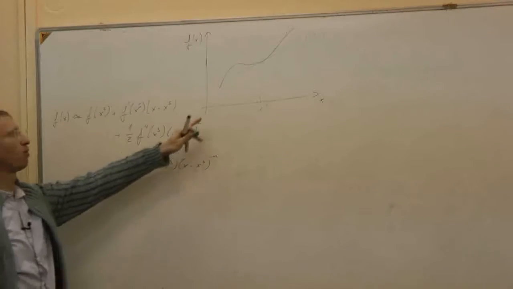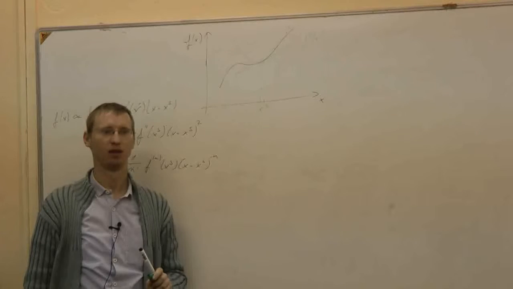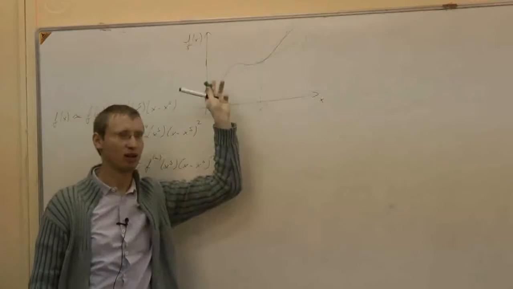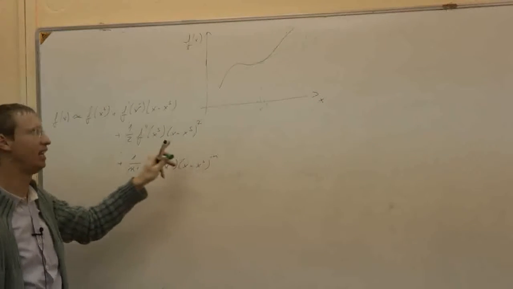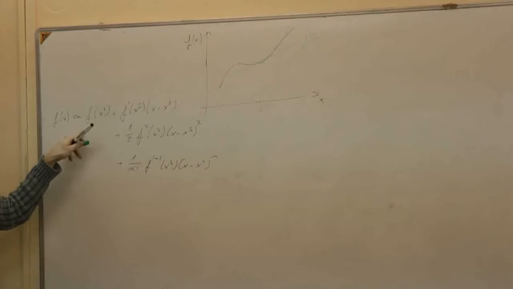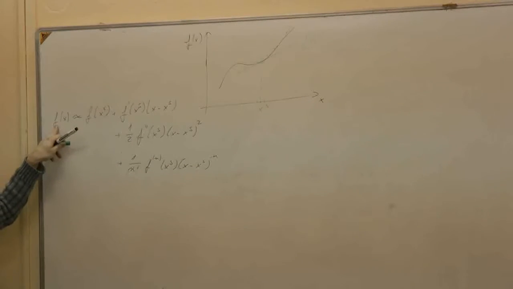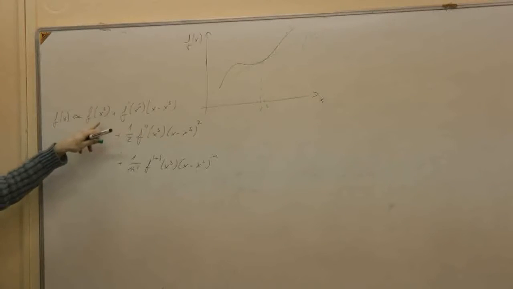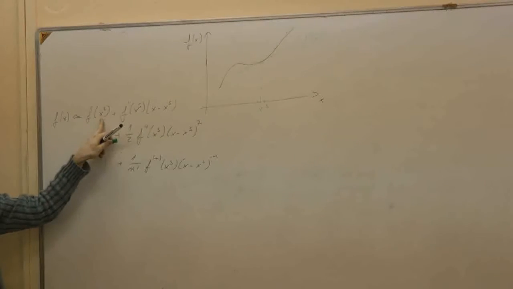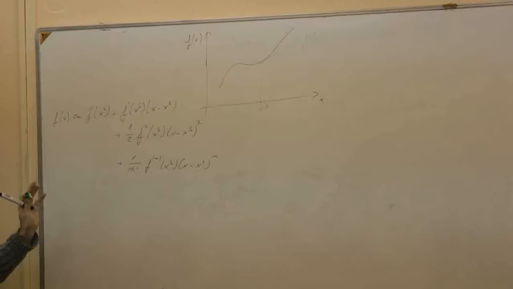That's a far better approximation than the linear function. And this dashed quadratic function is the second order Taylor expansion of the function f around this linearization point. And that's precisely what we are going to do here.